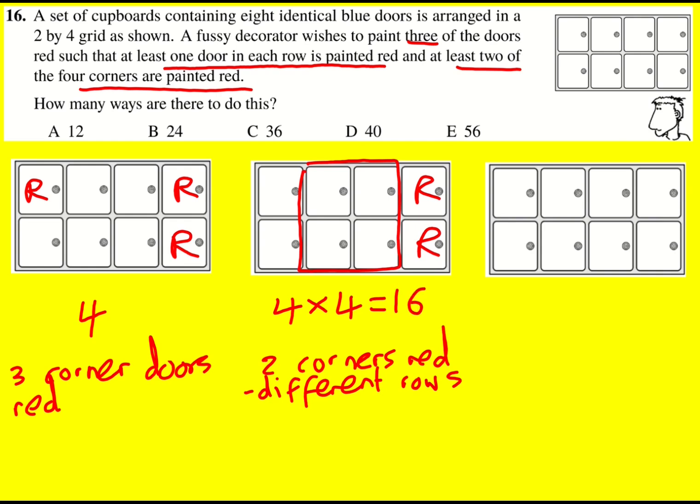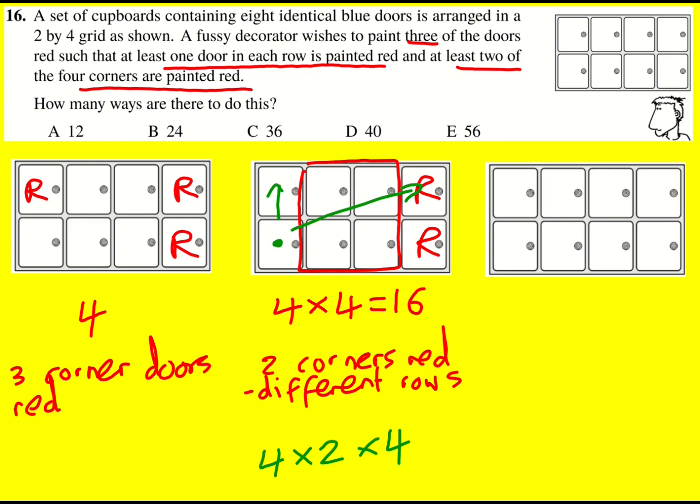One other way to think about this, an alternative method, is to say there's 4 ways to pick the first door. Maybe I paint this one red, and then if I need it to be in a second row, there's going to be 2 ways to pick the next one, because it either has to go above here or over here. And then after that, there's going to be 4 ways to pick the middle one.